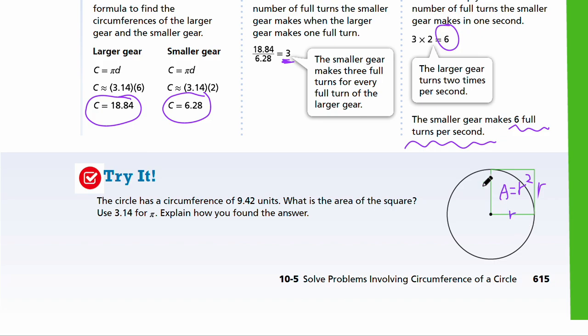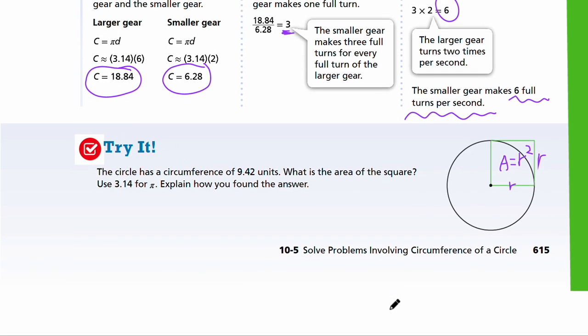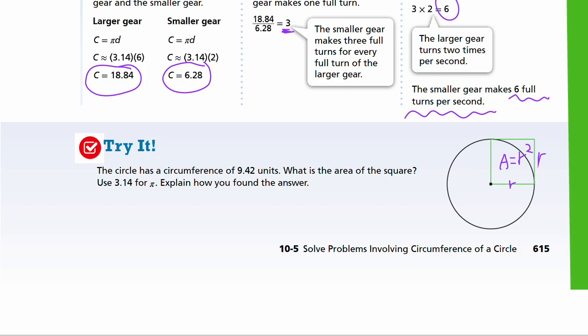So let's pause the video, see if you can solve this by yourself. Come back when you're ready for answers. Okay, are you ready? I'm going to write down how we're going to find this answer because we need to explain.